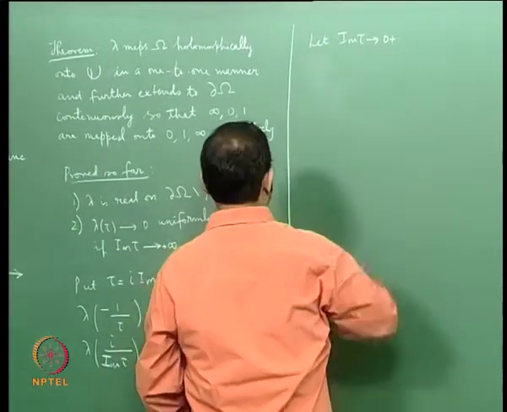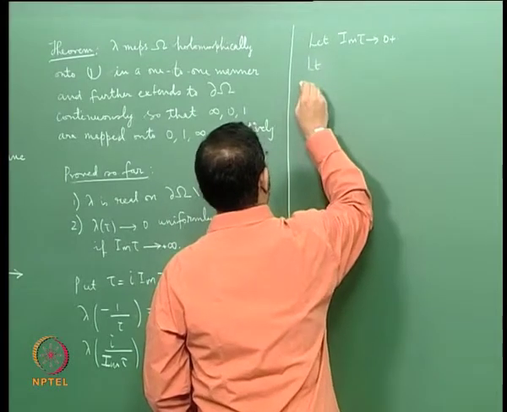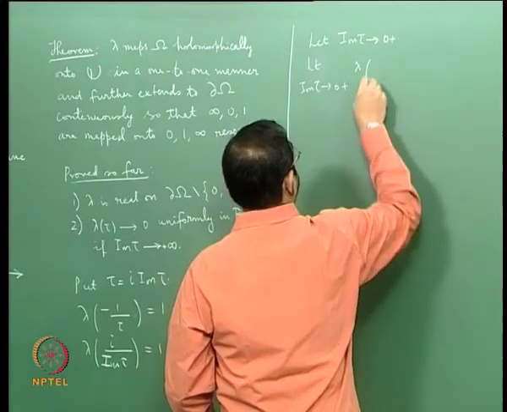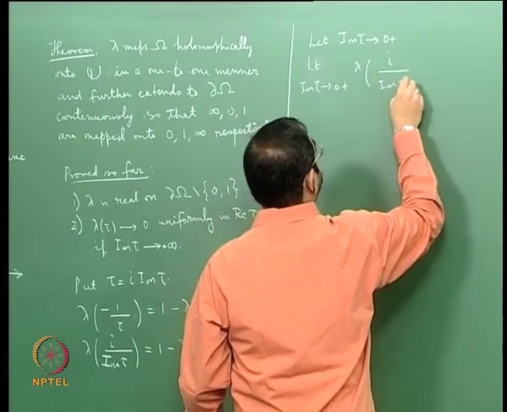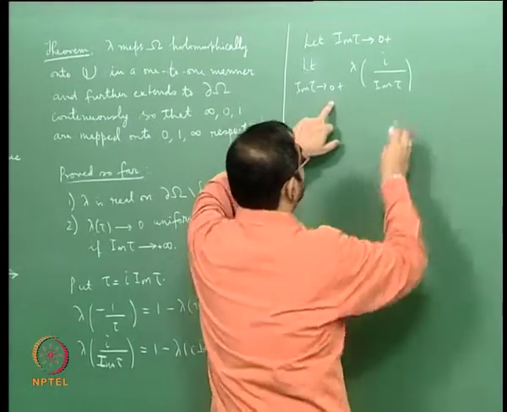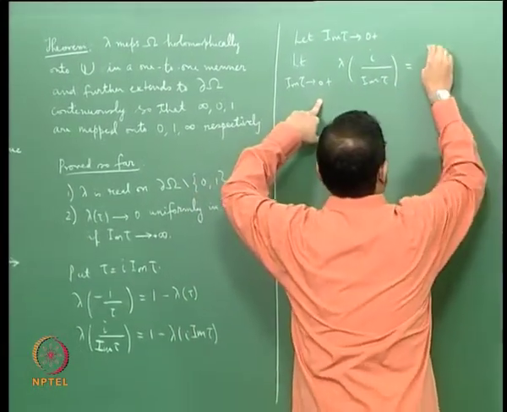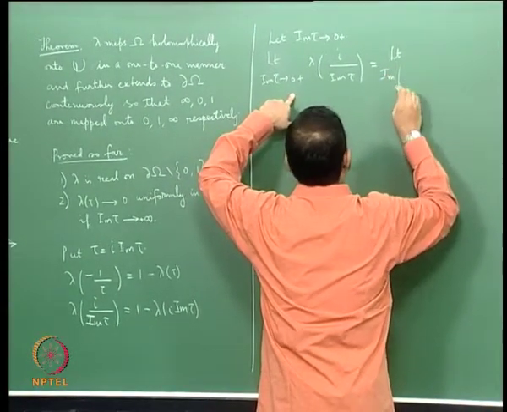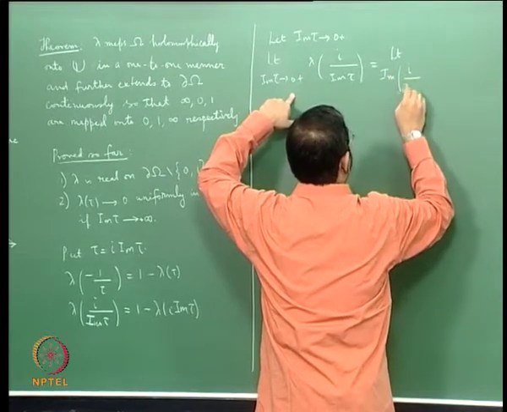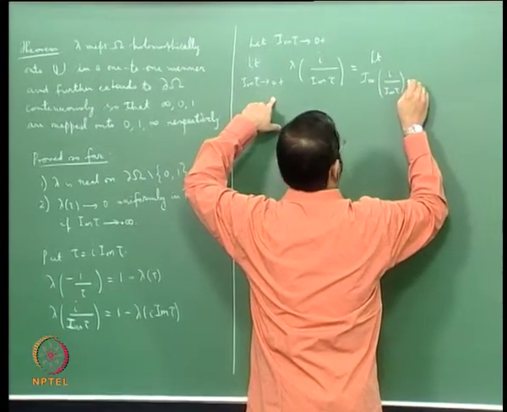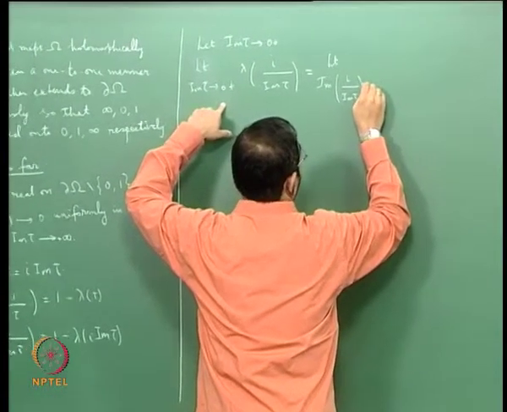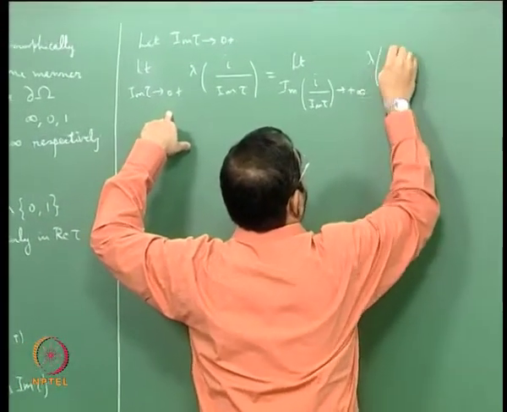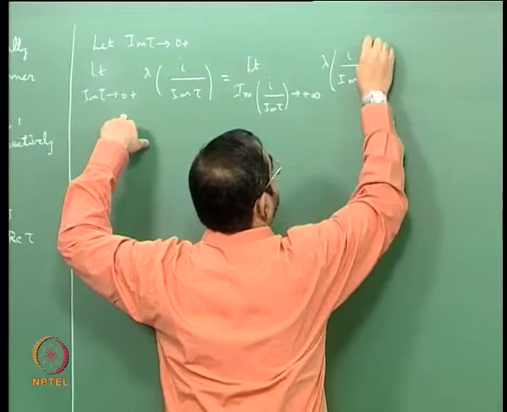You see, the limit as the imaginary part of tau tends to 0 plus of lambda of i by the imaginary part of tau. What is this quantity? It is the limit as i by the imaginary part of tau goes to plus infinity of lambda of i by the imaginary part of tau.